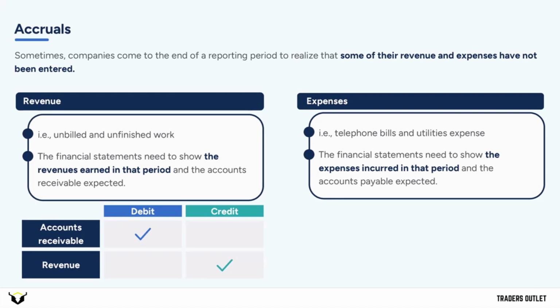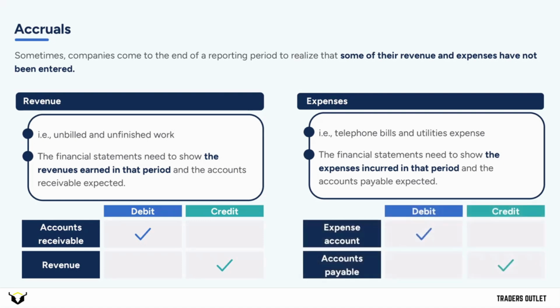The entry that we would do to reflect this is we would accrue expenses, which would be to debit an expense account related to whatever the expense was, utilities or telephone. That would increase our expense, but we'd also credit what we owe to our suppliers. And we call that accounts payable, and that is a current liability.